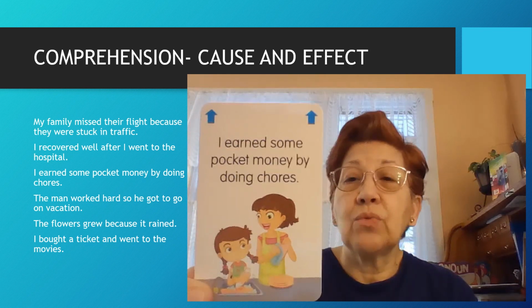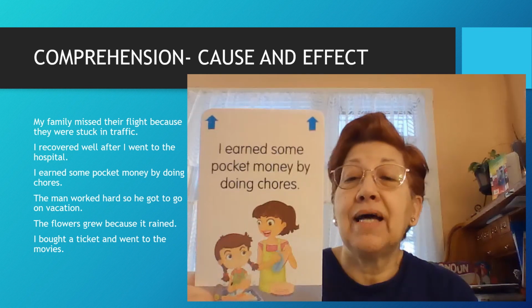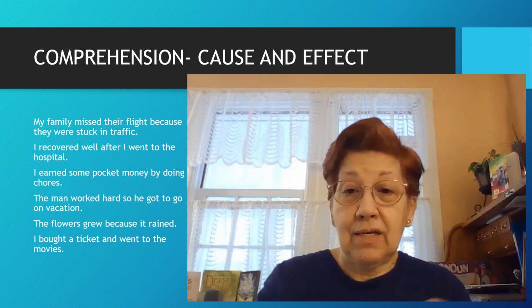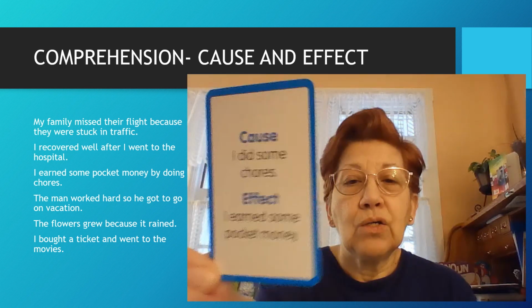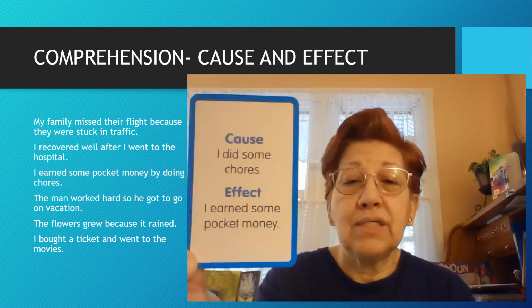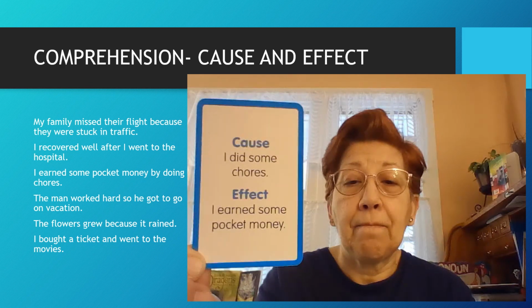Because I did the chores, what happened? I earned some pocket money, and that was the outcome. So that is called the effect, right? Doing the chores is the cause, and the effect is I earned some pocket money.